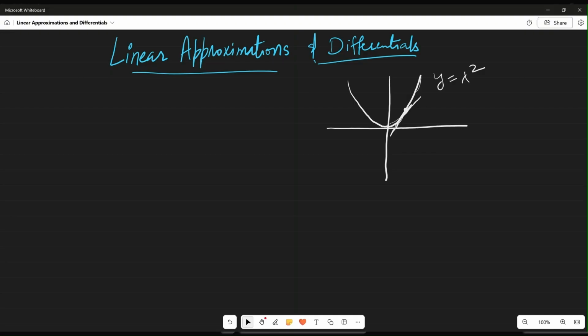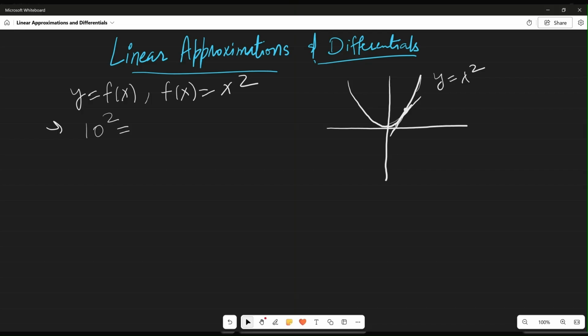Okay, let me explain more clearly what we are talking about. Suppose we have this function y is equal to f of x, and that function f of x is equal to x squared, right?